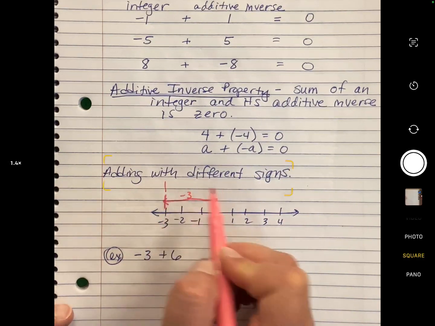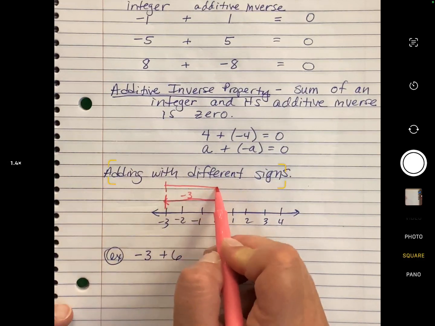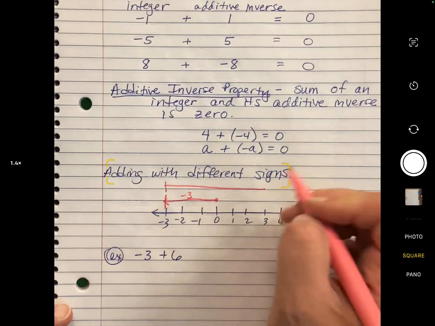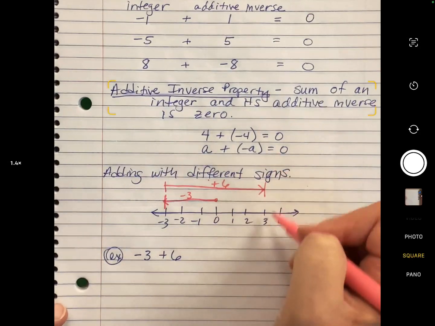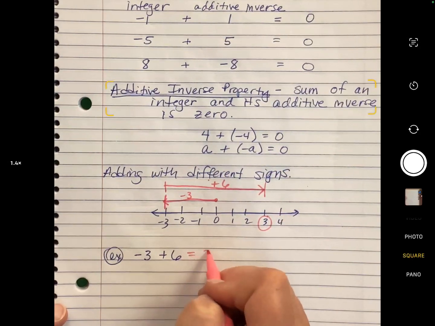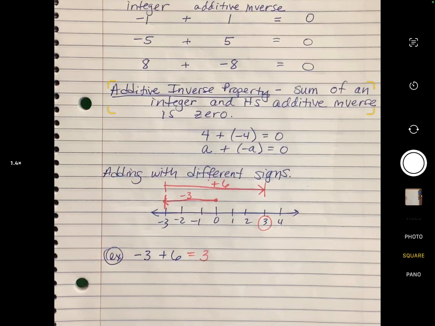So I'm starting here, and I'm going to go over 3 plus then 3 more. That's a total of 6. I went to the right 6. Where do I end? At positive 3. You're going to notice that negative 3 plus 6 is equal to positive 3.